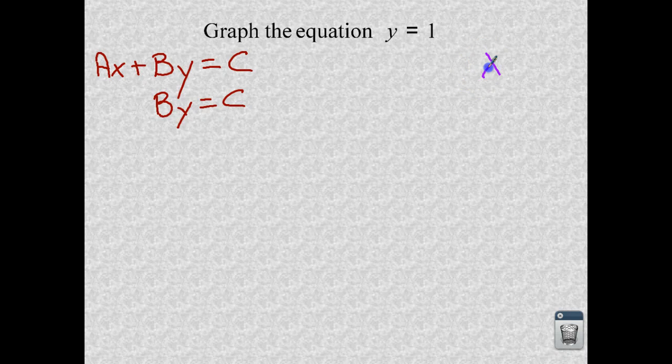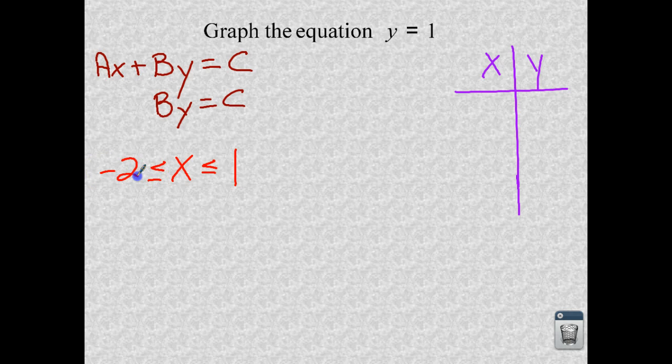All right, function table. We don't have a defined domain, so we get to make it up. Choose some easy values. How about any x value that is less than or equal to 1 and greater than or equal to -2.